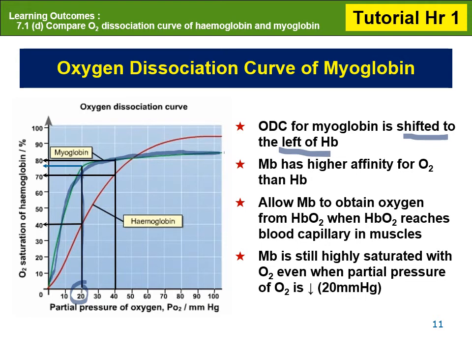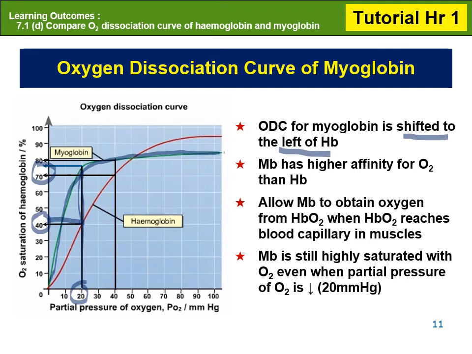Berbanding dengan kalau lihat untuk hemoglobin ni tinggal 40%. Lebih kurang macam itulah. Okay, so masih tinggi. Untuk myoglobin tu tinggi.